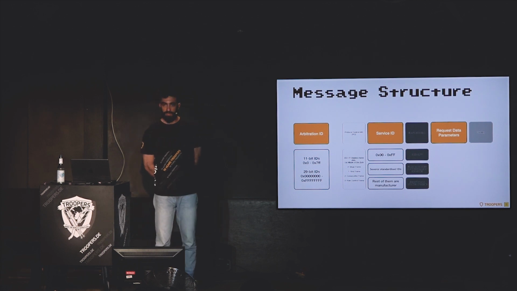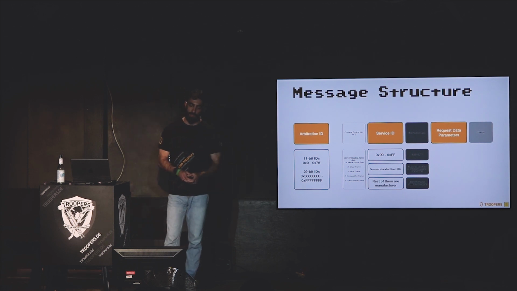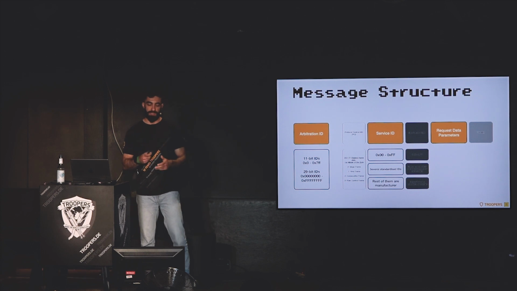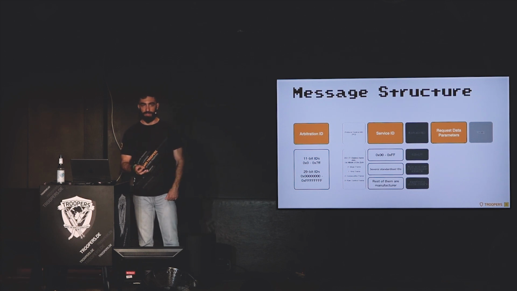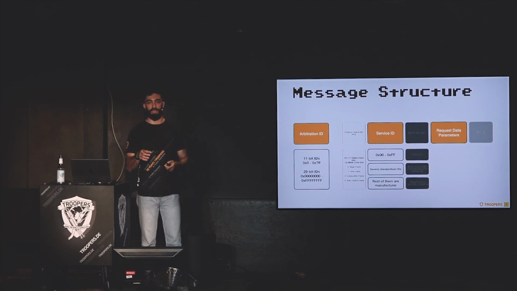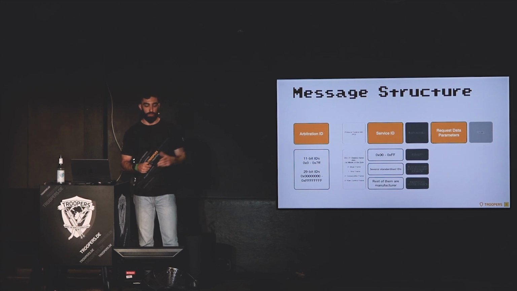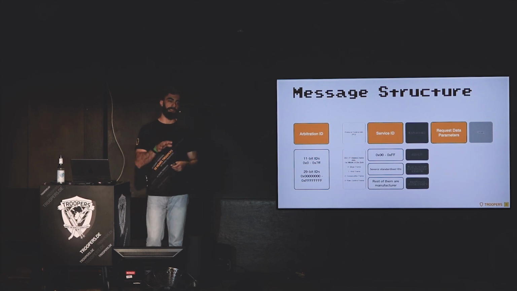Some of the services also have a sub-function byte, and this sub-function byte specifies which exact functionality of the service we need to use in the specific scenario. This is also 1 byte, and there are also several standardized sub-function IDs for each service, and all of the rest are manufacturer-specific that we have to find ourselves.